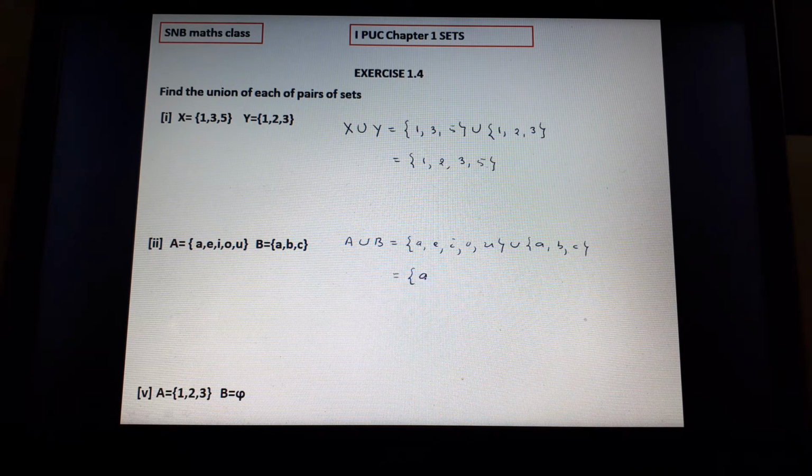So we can write like this: A, E, I, O, U. Then what is remaining is, A already I have written, B and C I have to write. There's nothing wrong if you write like this. Then this one, B is phi, that is, second set is empty set. Therefore you know A union phi, this is one of the properties. This is A. So this you can do yourself. Answer is 1, 2, 3.